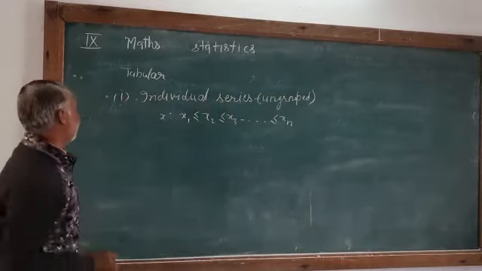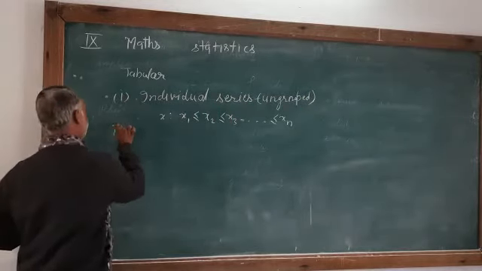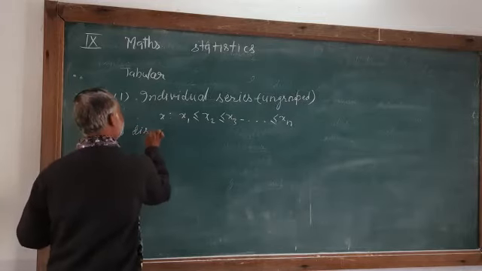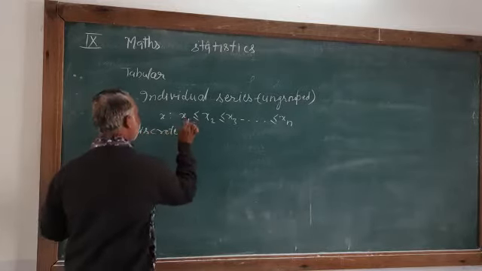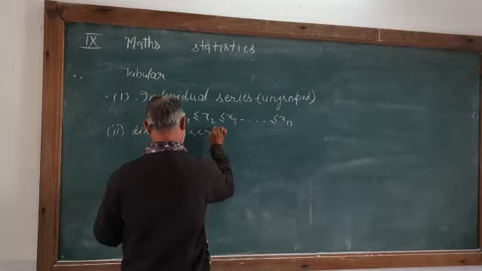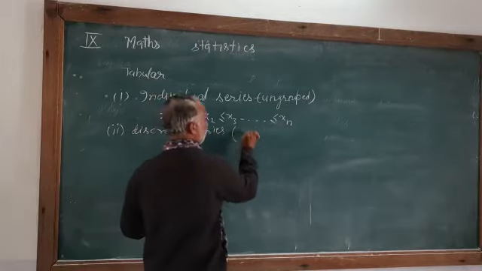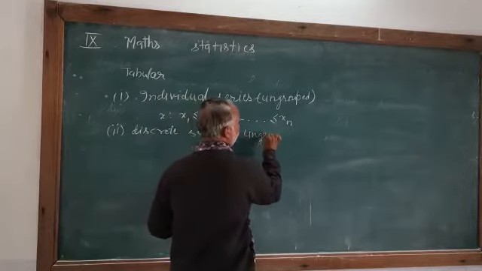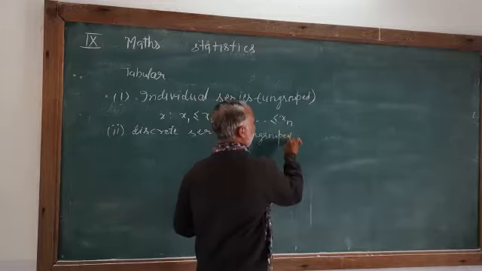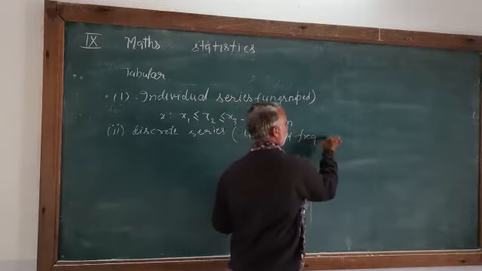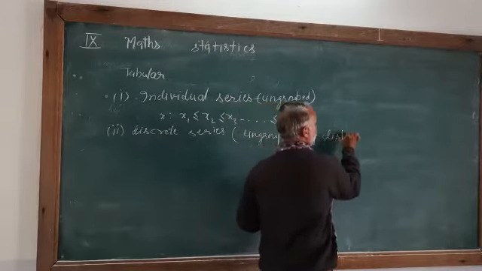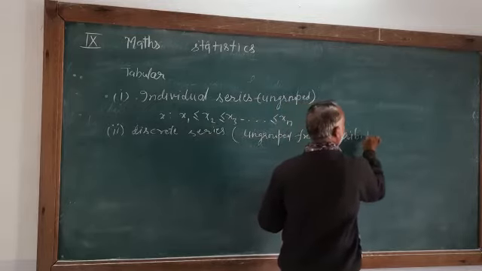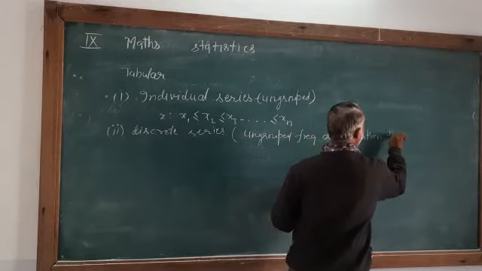Okay. The second one is discrete series, which is also known as ungrouped frequency distribution table.